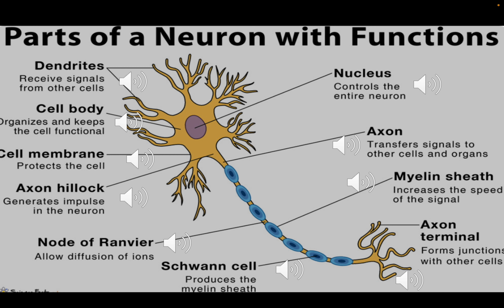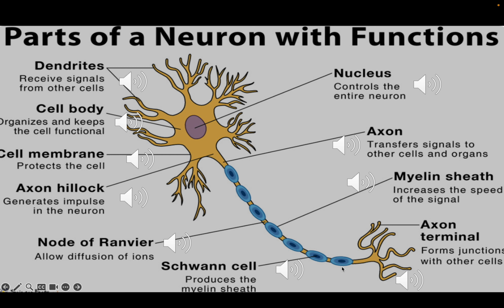More myelin equals faster action potential. Saltatory conduction is when the action potential jumps from node of Ranvier to node of Ranvier. This is all really important, but once again, we'll talk more about the myelin sheath and the difference between myelinated and unmyelinated axons.